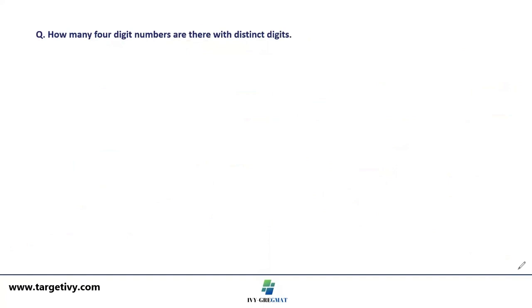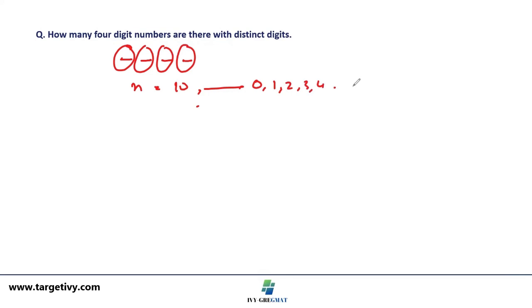How many 4-digit numbers are there with distinct digits? Well, let's make a 4-digit number. So that's 4-digit number means 1, 2, 3. Clear? And every digit has to be distinct. That's what they are saying. So n in this case is 10 because the digits can be 0, 1, 2, 3, 4 till 9.